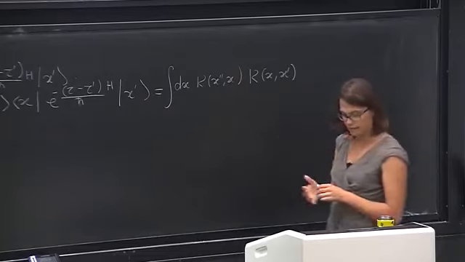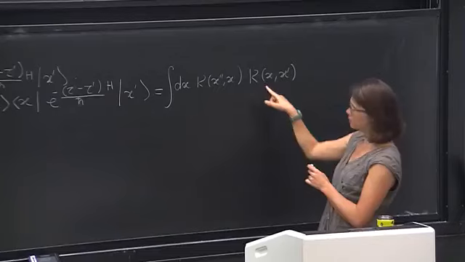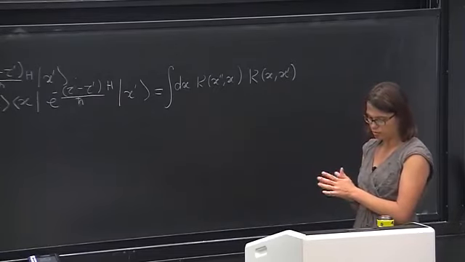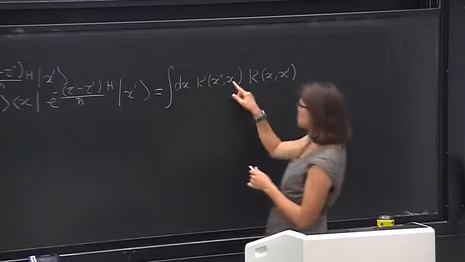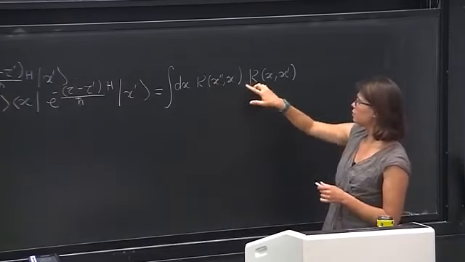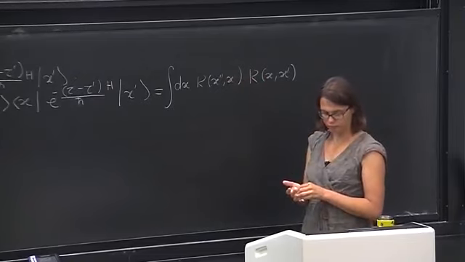And labeling that intermediate position by x here, you can compute the total amplitude via this position x, where x could be the position where the particle is at time tau.